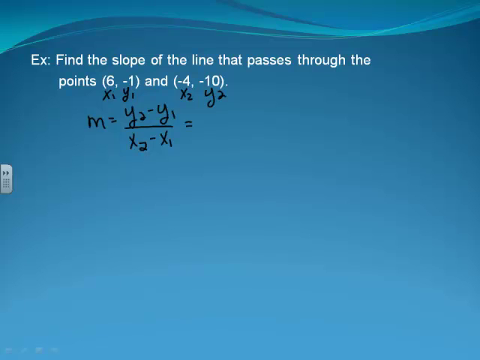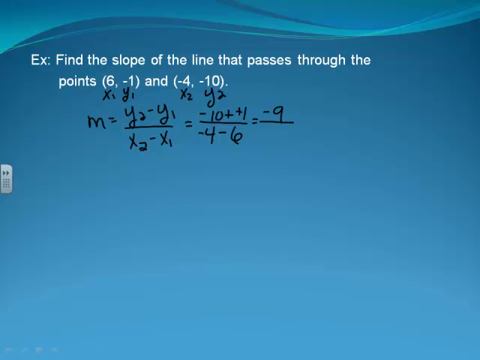As I have it labeled, y2 minus y1 is -10 minus -1, divided by x2 minus x1, which is -4 minus 6. Do the math. Minus a negative up top is the same as adding a positive, so -10 plus 1 is -9.